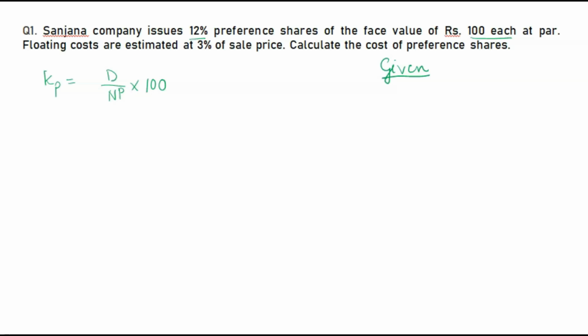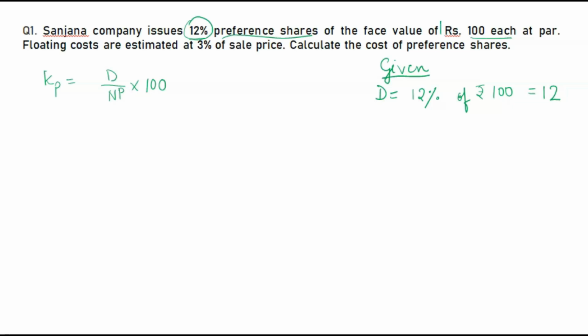As I already told you, with the preference shares there will always be a percentage attached, and that percentage shows the dividend. So dividend is 12% of ₹100 each. 12% of 100, we will get 12 only.